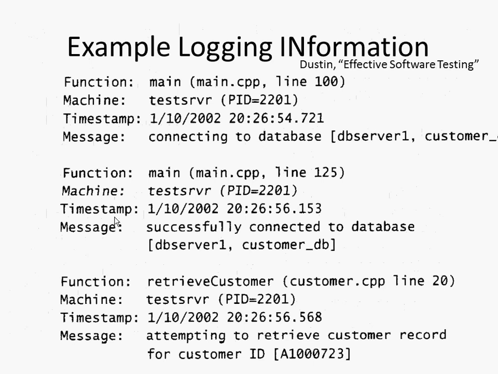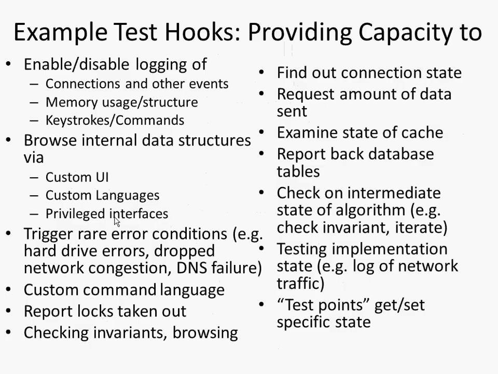Having a printout about what's going on within your code can be quite useful for validating that the program is operating correctly, and quite useful for debugging particularly. So having some hooks to enable logging, for example, of pieces is useful.